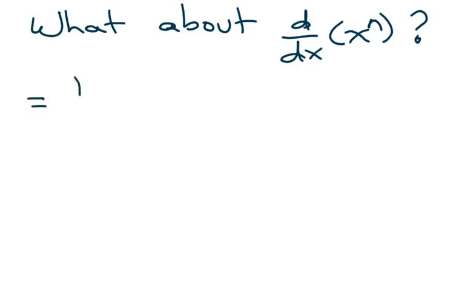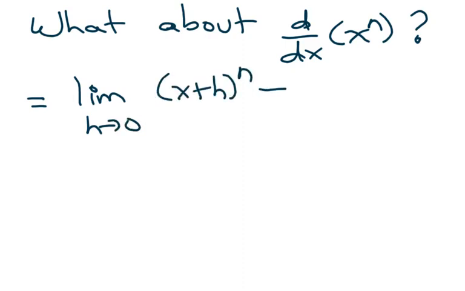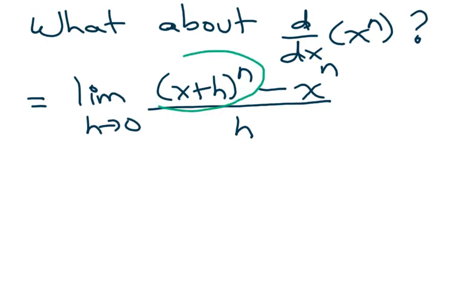So that's going to be equal to the limit as h approaches 0 of x plus h to the n minus x to the n, all divided by h. The tricky term, of course, in this would be this x plus h to the n. So let's talk about it.